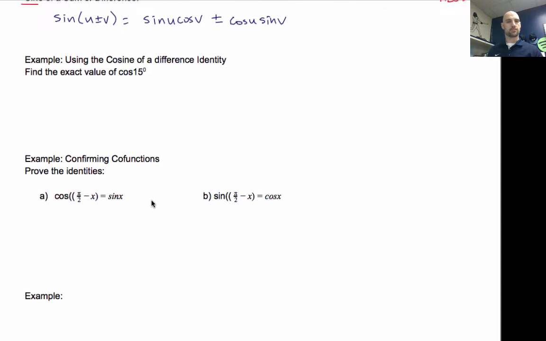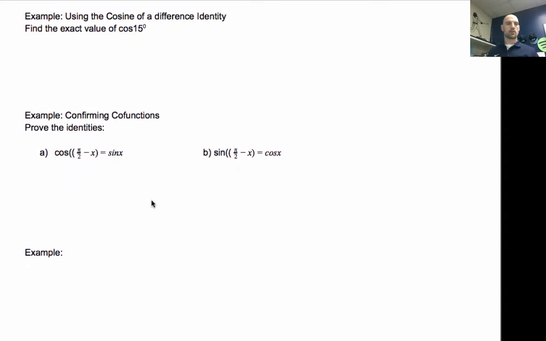Let's do an example using the cosine of a difference identity. Find the exact value of cosine of 15. Well, this is not on the unit circle, but there are two angles whose ratios we know.